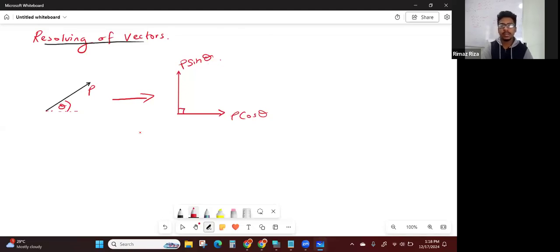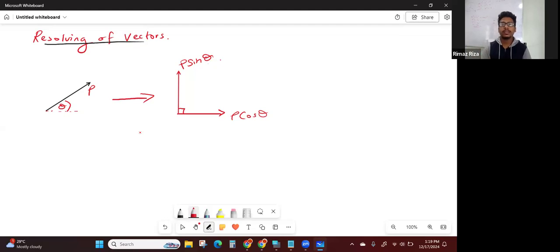Resolving of a vector means dividing a vector into small vectors so that their resultant will be equal to the original vector.